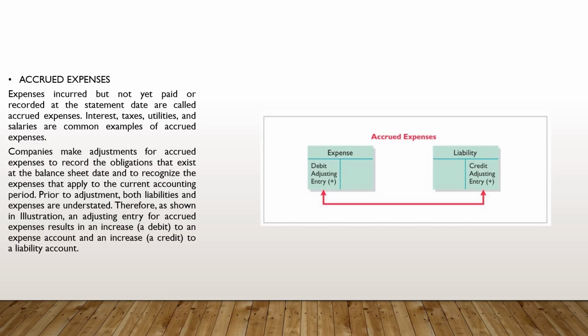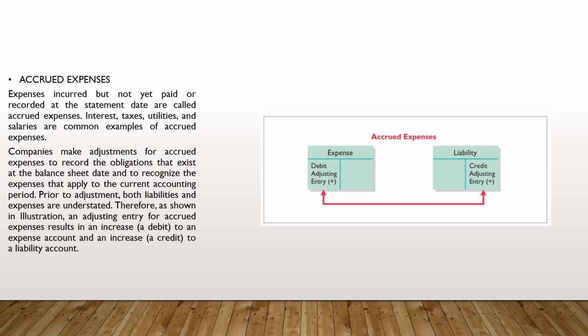Okay, so accrued expenses, right? Expenses incurred but not yet paid or recorded at the statement date are called accrued expenses. Interest, tax, utilities, and salaries are common examples of accrued expenses.